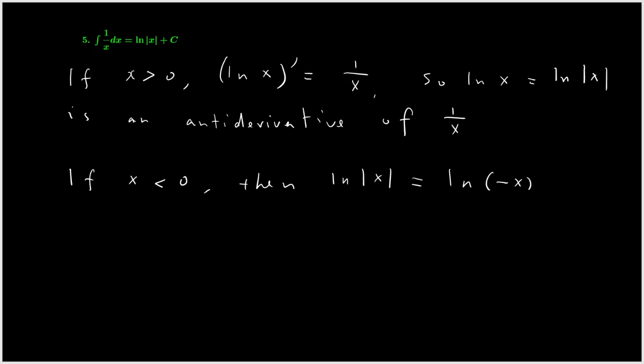So in this case, we want to show the underlying function is actually an antiderivative of 1 over x, right? So natural log of the absolute value of x, you take the derivative of that, is actually the same thing as taking the derivative of natural log of -x.